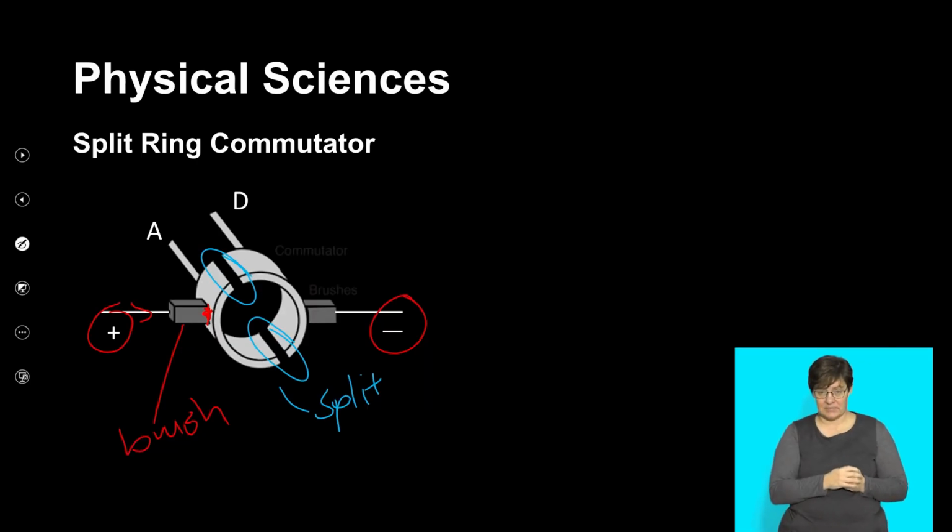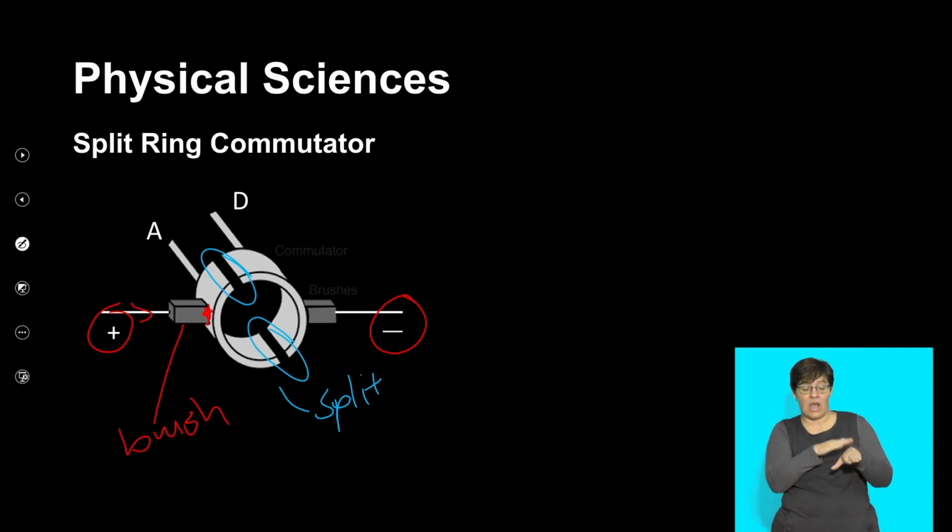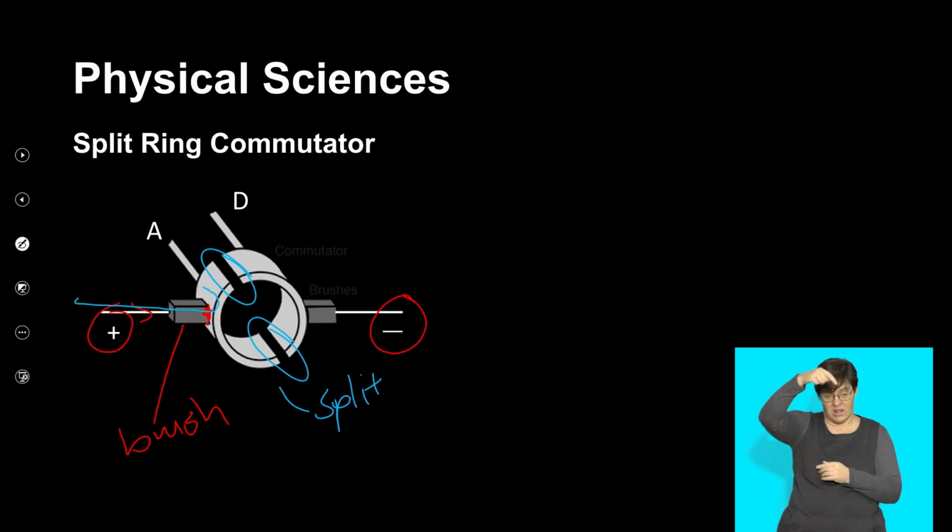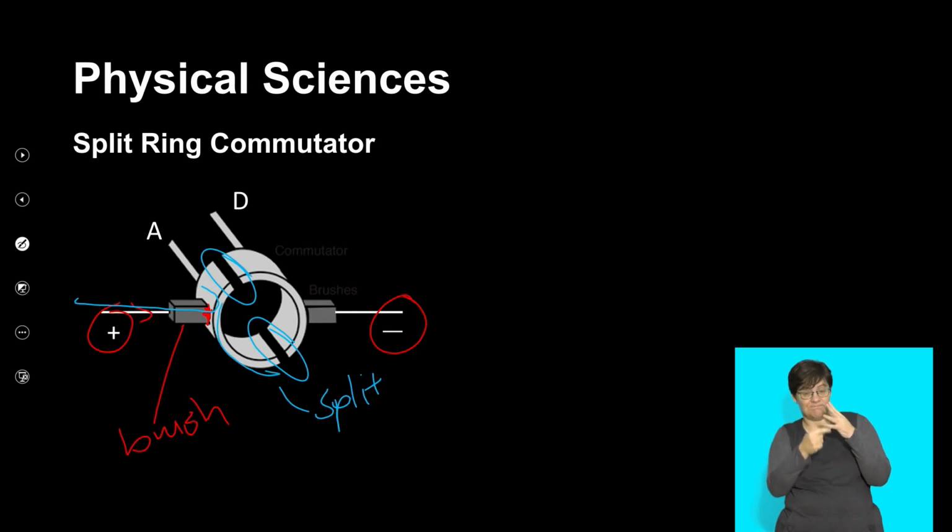So at this point, how this is connected at this moment, the direction of the current is going to go from the positive through the brush into the commutator, and all the parts of the commutator on this side are going to be attached to the armature.